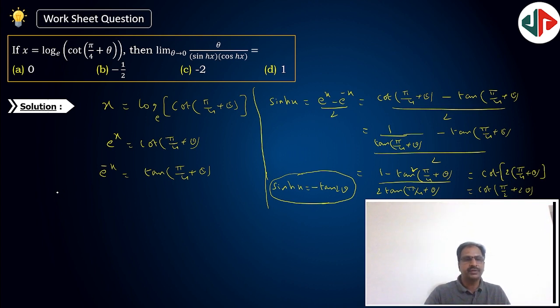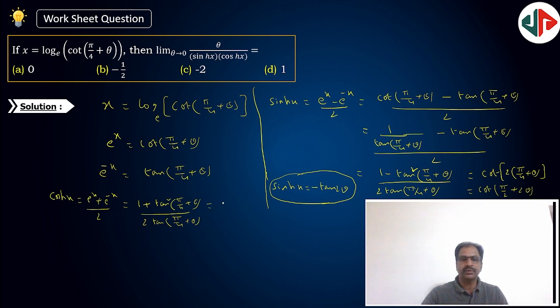Similarly, if you find cosh x by using e power x plus e power minus x by 2, and in the same way, instead of minus we have plus, and finally you get 1 plus tan square of pi by 4 plus theta by 2, over 2 tan of pi by 4 plus theta by 2. 2 tan a by 1 plus tan square a is sin 2a.